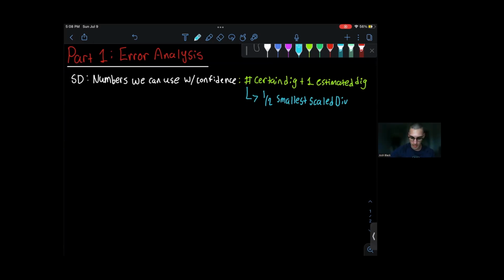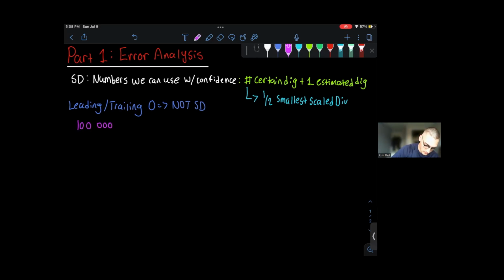Now, hopefully you've learned this in high school, but in significant digits, leading or trailing zeros are not significant. Meaning numbers like 100,000 or 0.01 only have one significant digit, that being the 1.